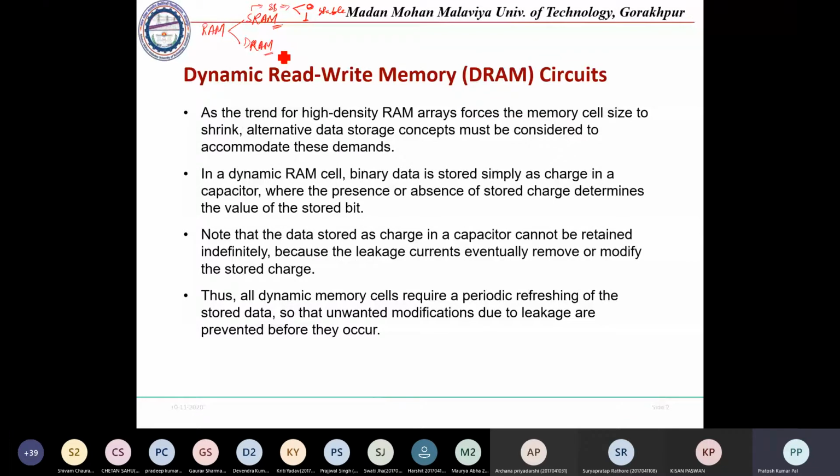Similarly in dynamic RAM, as the name suggests, it is dynamic. The voltage, or the data that will be stored, will be in the form of charge, and this charge will be stored on the parasitic capacitances. The parasitic capacitance we have already seen.